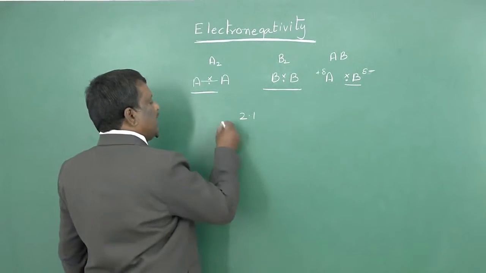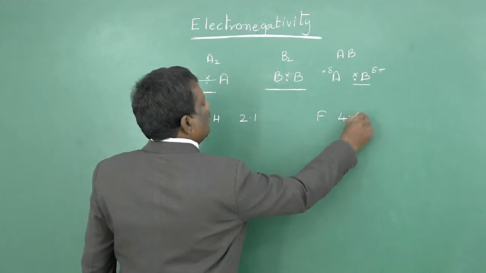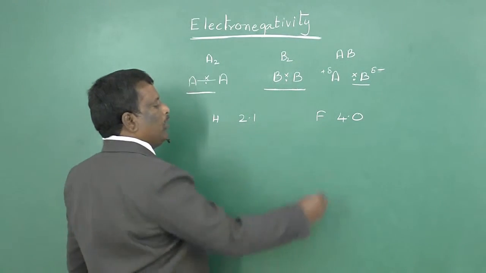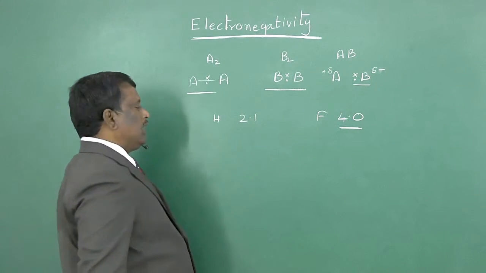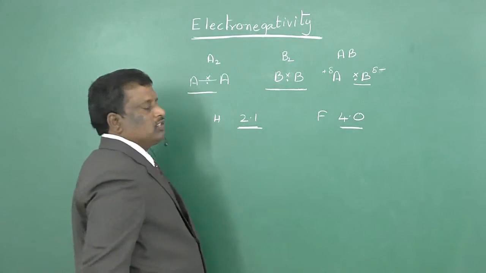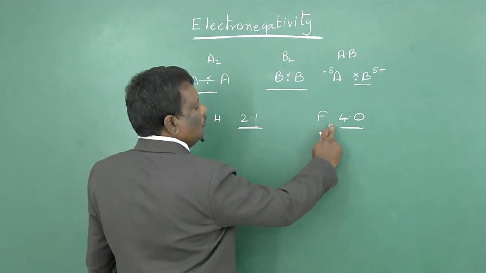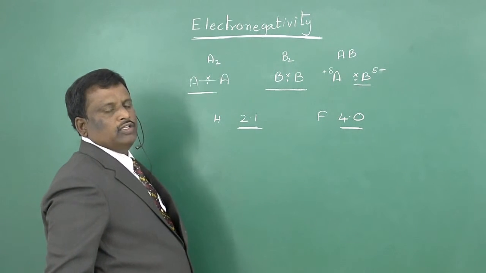By that way, the most electronegative element is found to be fluorine, and its electronegativity value is considered as 4.0. Hydrogen's electronegativity is 2.1, whereas the highest electronegative element is fluorine, with a value of 4.0.